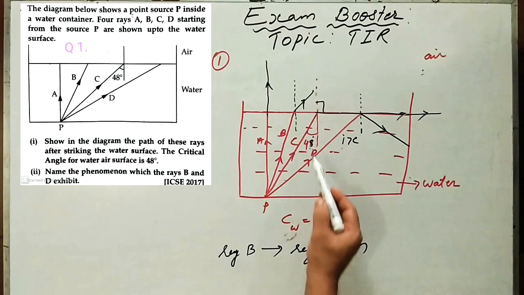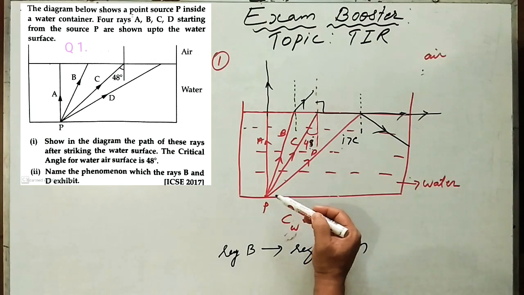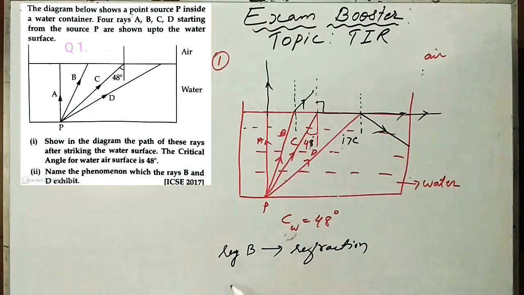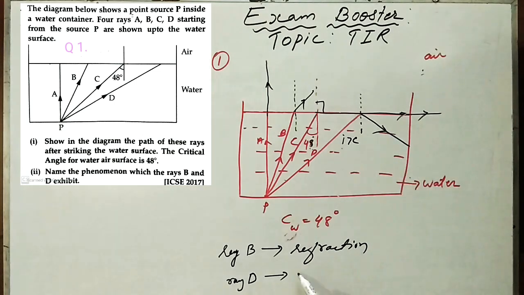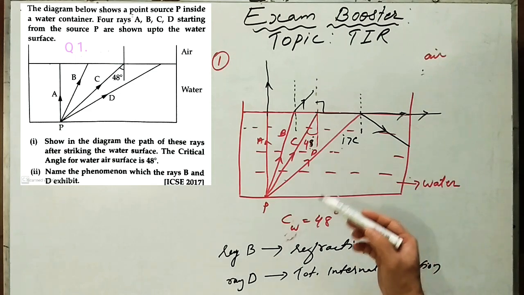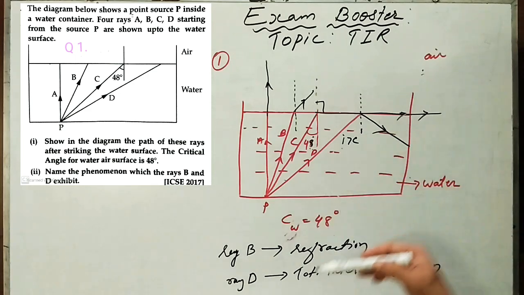For ray D, I can write it is exhibiting the phenomenon of total internal reflection. So once you understand the concept of TIR and critical angle, you can easily complete the ray diagrams. Is it clear?